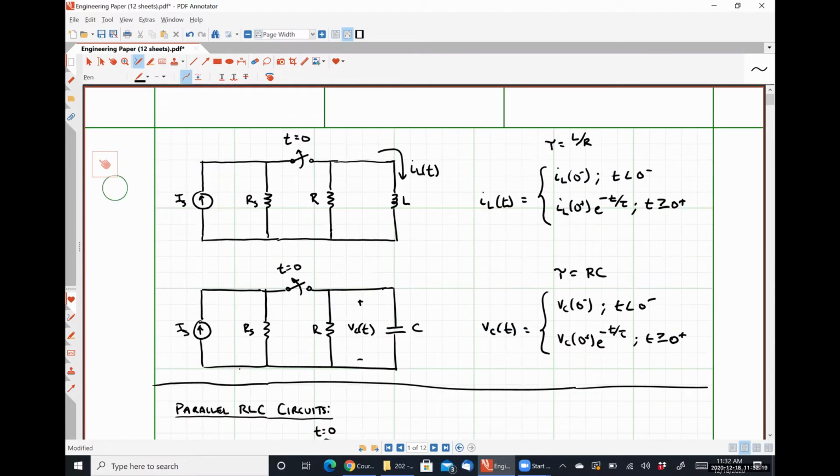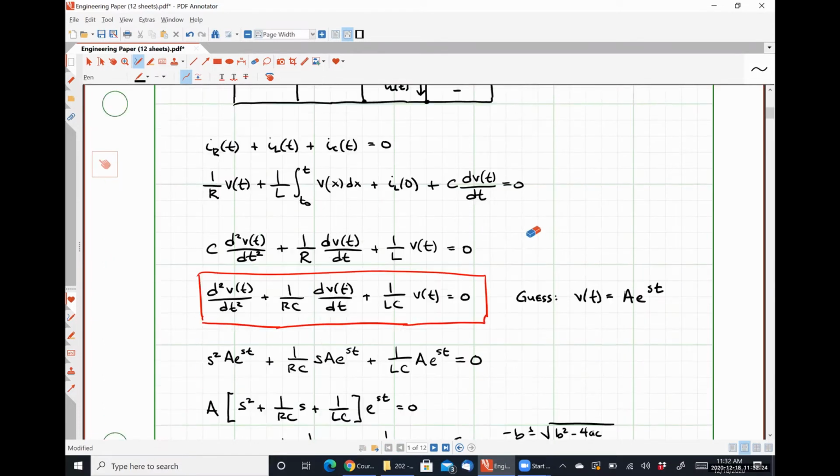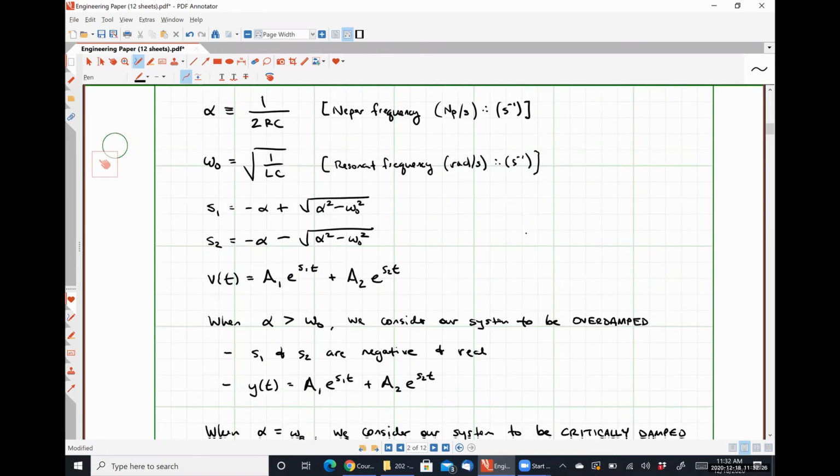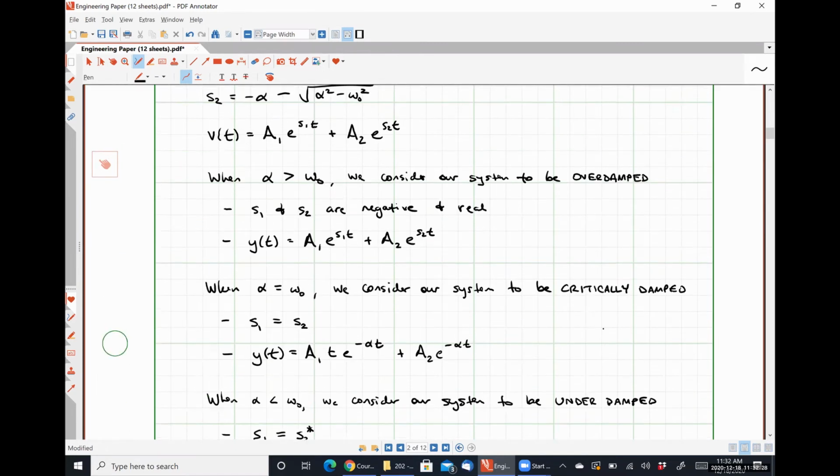And in this case, we're also going to alter our response equation, but it's purely to make the math less annoying.